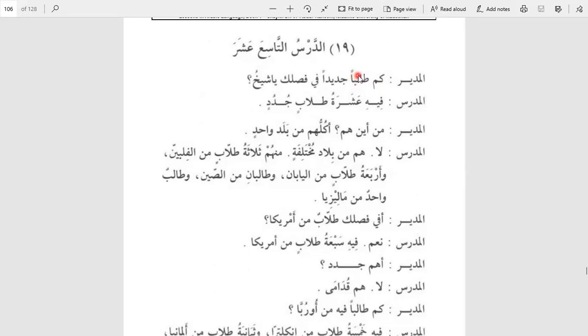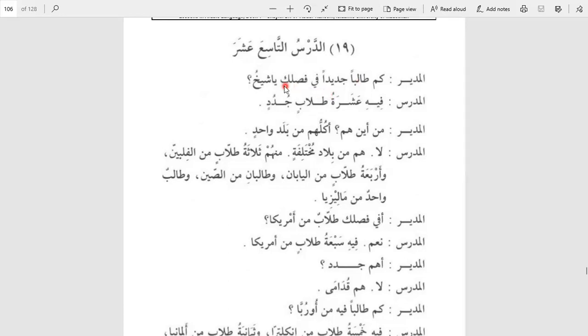The alamatu nasbin is fatha. So whenever we see fatha, we know that the word is in the mansub case. Here we have taliban and jadidan. We have a na'at and manut, and they take the same casing, gender, and number, as you can see, taliban and jadidan.